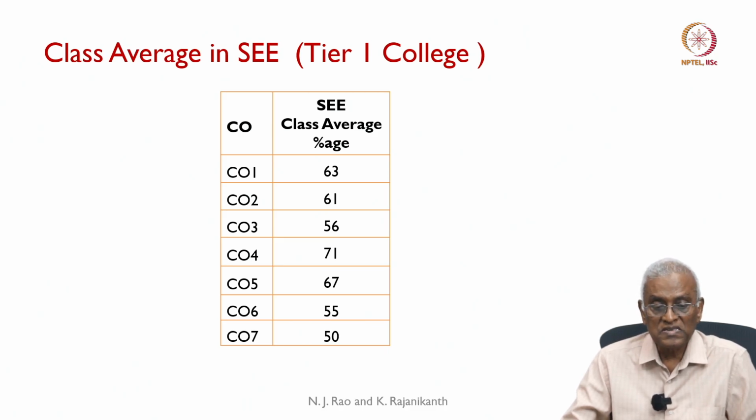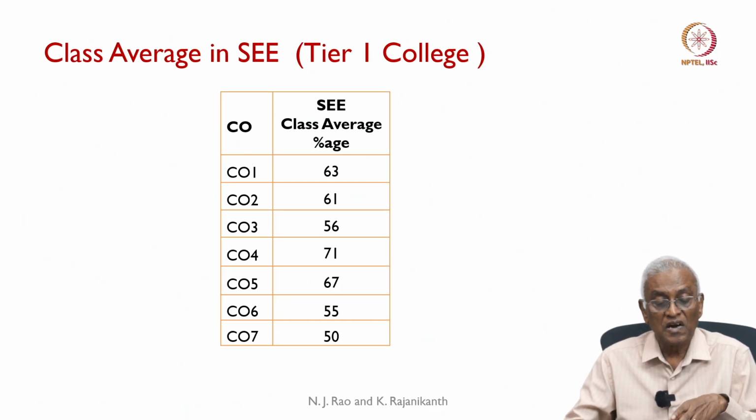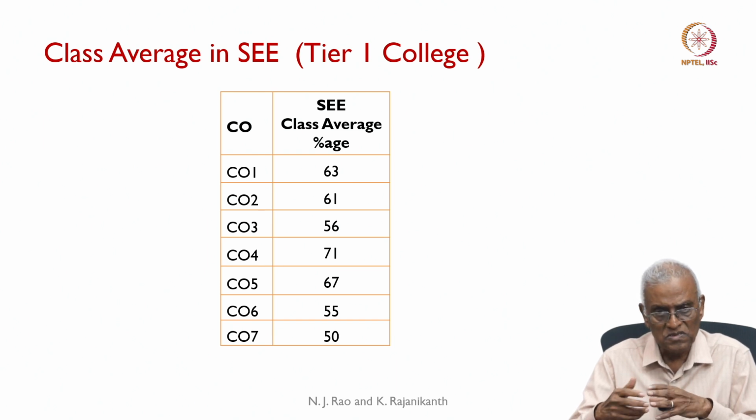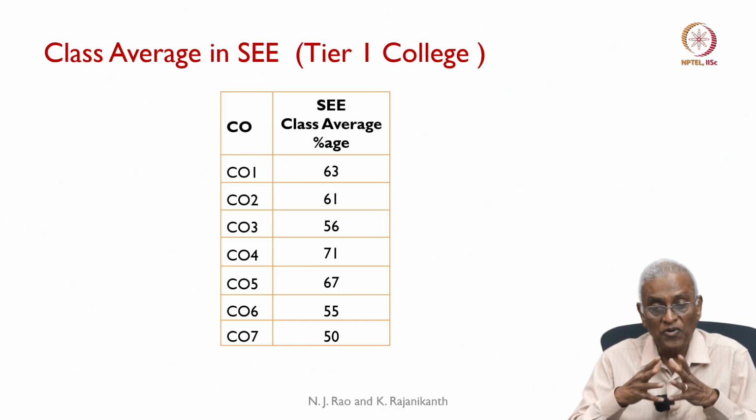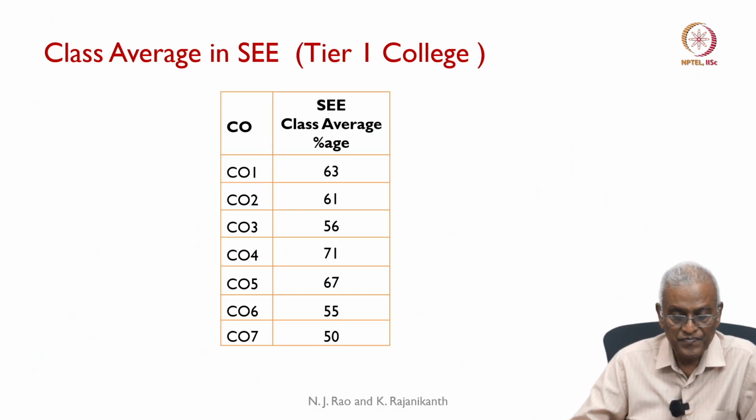And with regard to class average in the semester end examination, with regard to each CO, I may have multiple questions, and I collect the responses and put them together, and then I get each CO. This is the average class performance of the students. So these are the percentages that I get: 63, 61, there is 71, there is 50 also. So you have different ones.